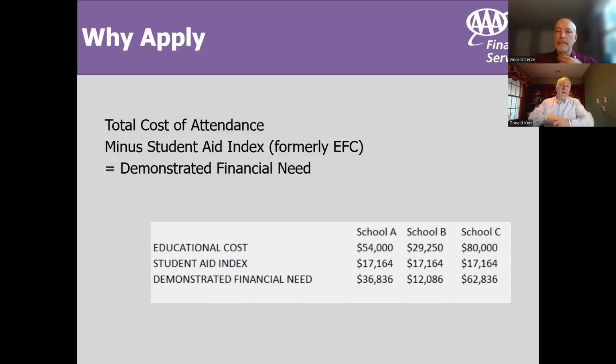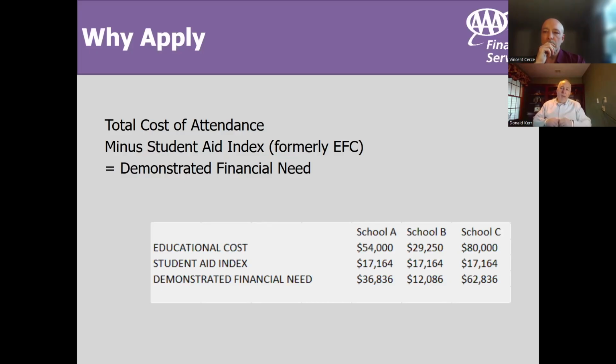But basically, it all goes into a formula and it calculates what's called your student aid index number. Used to be called your EFC, expected family contribution. But this is the most critical result of filling out the FAFSA form.